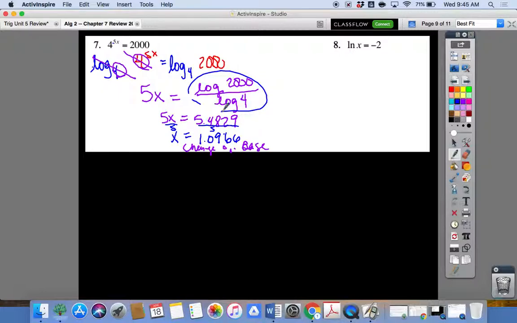All right, for number 8, it actually works fairly easily. To get rid of ln, remember his arch nemesis is e, that's his inverse. Now, when you write that, what I noticed when we did group work is some of you guys put the e over here.